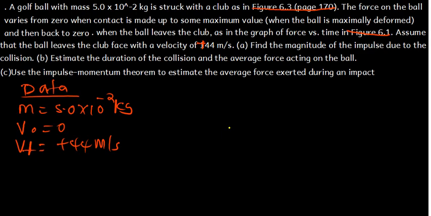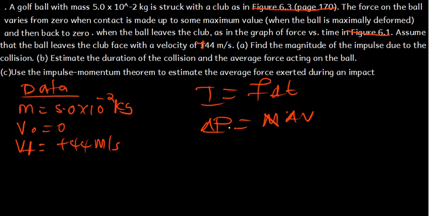So the first question says find the magnitude of the impulse. Impulse is given by the force times change in time, but we don't have the time, and we don't have the force. At the same time, change in momentum is given by the mass times change in velocity, and we said that impulse is equal to change in momentum.